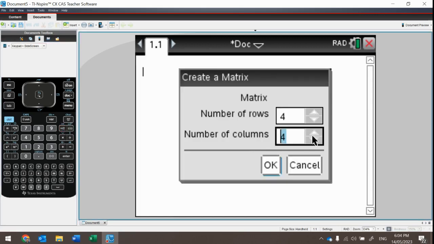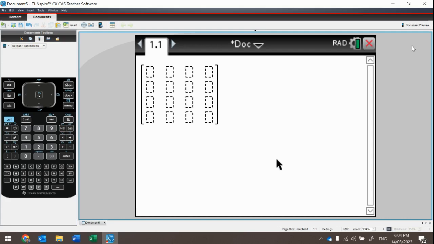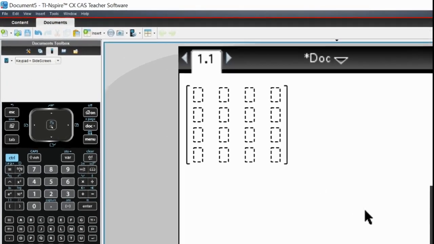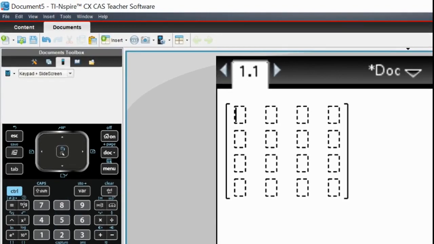So I'm going to save my transition matrix first. So I have my sheet in front of me.